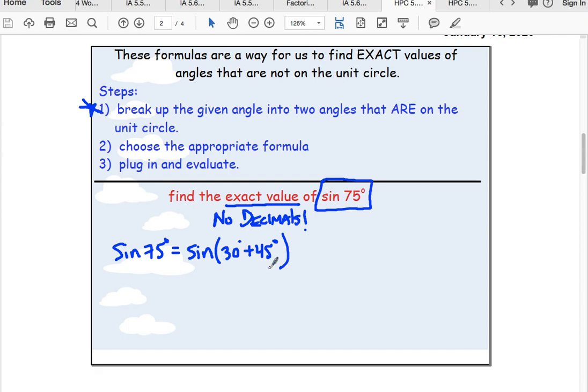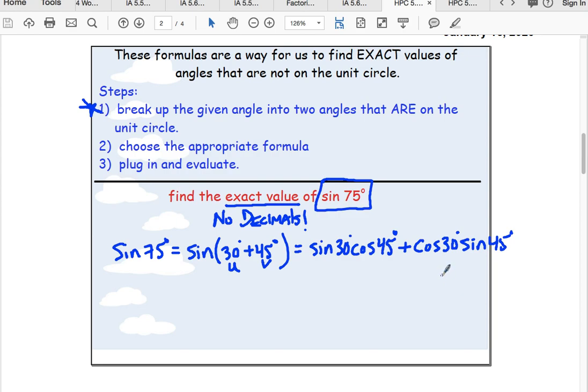All right, so I'm going to designate the 30-degree angle to be the U and the 45-degree angle to be the V. According to my formula of sine of U plus V, I'm supposed to do sine of U, which in this case would be sine of 30 degrees, times cosine of V, so cosine of 45 degrees, plus cosine of U, cosine 30 degrees times sine of V. So sine of 45 degrees.